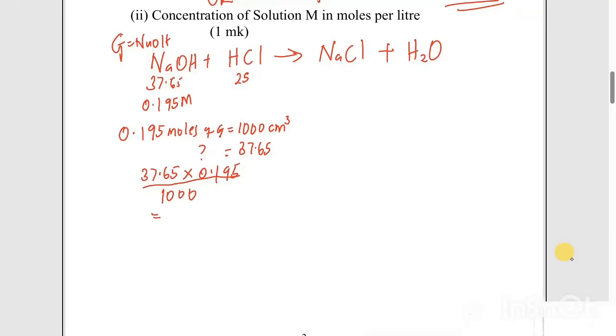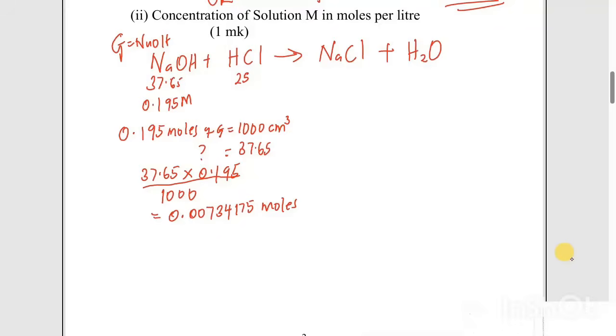Now, since the mole ratio is 1 to 1, it means the number of moles of sodium hydroxide is equal to the number of moles of HCl used.